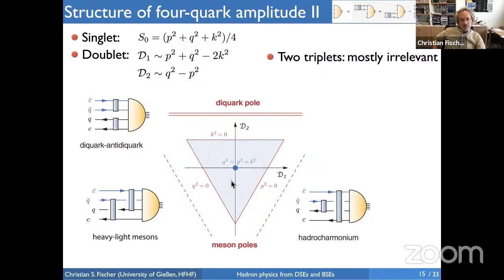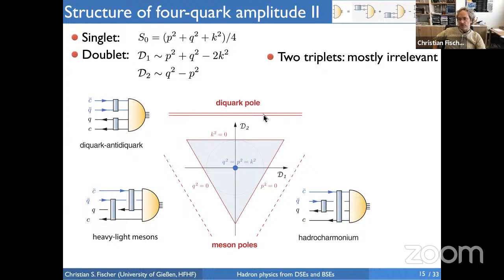And it turns out that if, for example, inside my four-quark state, here I have the example of a heavy-light one, but this also may occur in a light one, if, for example, the c-bar and the q develop strong correlations into a colorless meson, and at the same time, the c and q-bar also develop these correlations, then these will appear as poles in this momentum plane. The same thing for hadrocharmonium structure. Those will appear as poles here on this line. And if the diquarks are the dominating degrees of freedom inside my four-quark states, they will develop poles here.